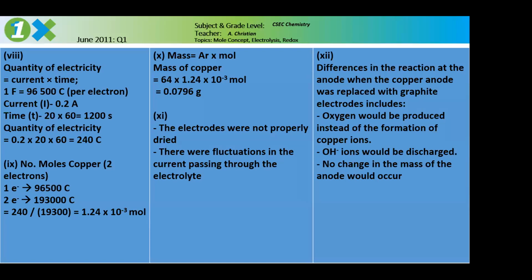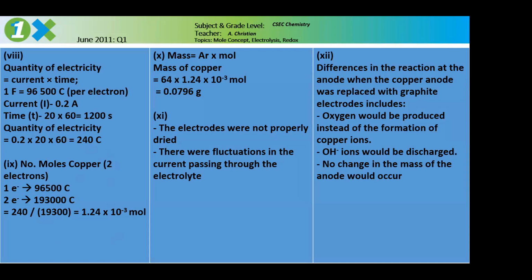And to find the number of moles, one mole of electrons will give you 96,500 coulombs. Two moles of electrons therefore will give you 193,000 coulombs. And you divide the coulombs that you get by that, which gives you the number of moles. So the moles that we got is 1.24 times 10 to the minus 3 moles.